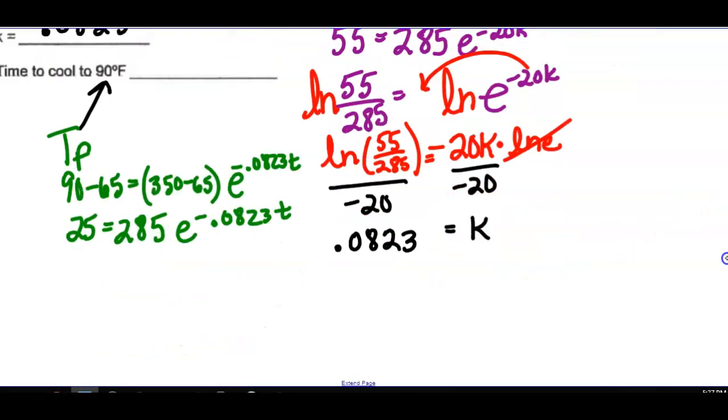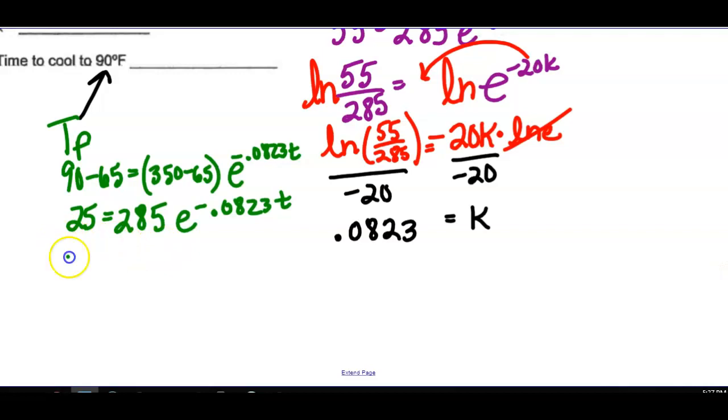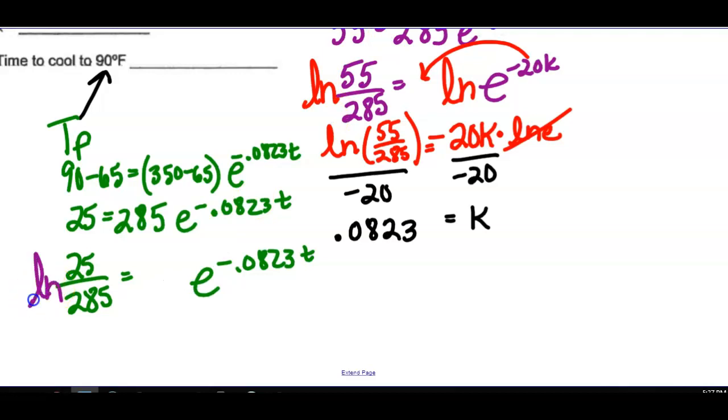We're going to divide. Then we're going to take the log of both sides. And this will come out in front. So we have negative 0.0823t equals whatever this is.